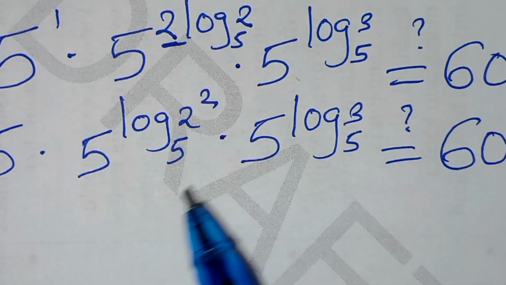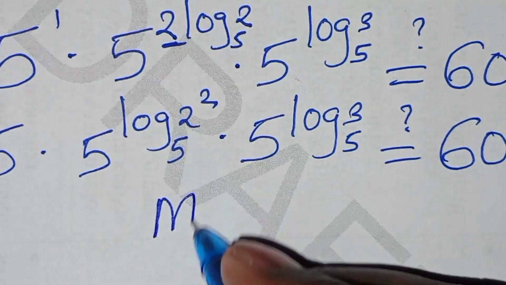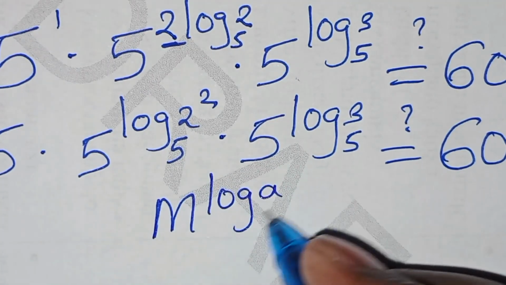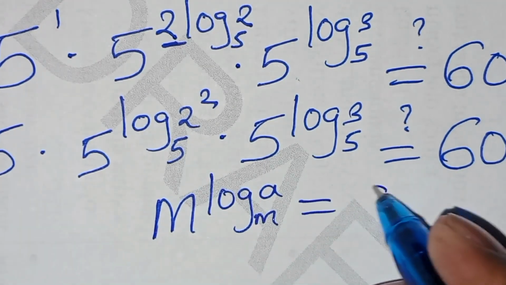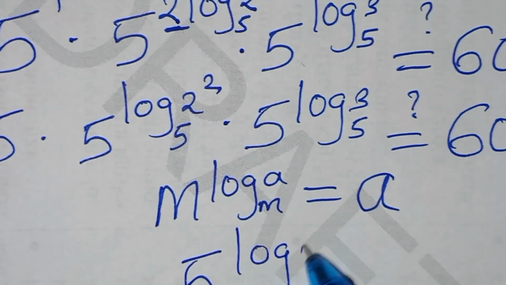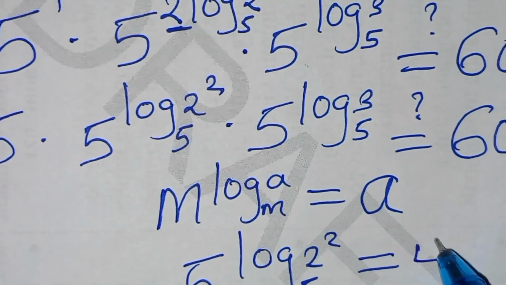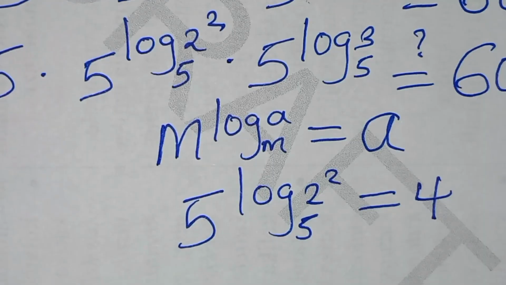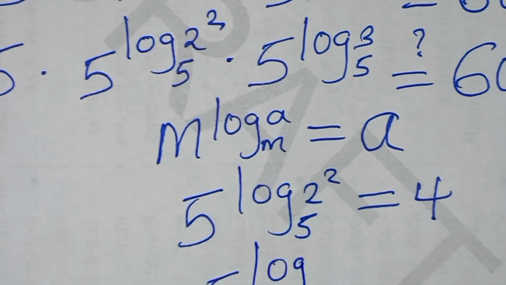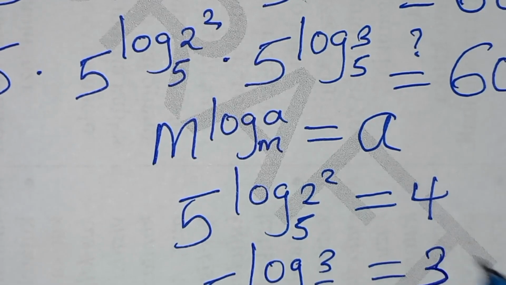The next step from here, 5 to the power log 2 squared to base 5 is in the form of m to the power log a to base m, and this is supposed to give us a value of a. So 5 to the power log 2 to the power 2 to base 5 will give us a value of 4. And 5 to the power log 3 to base 5 is supposed to give us a value of 3.